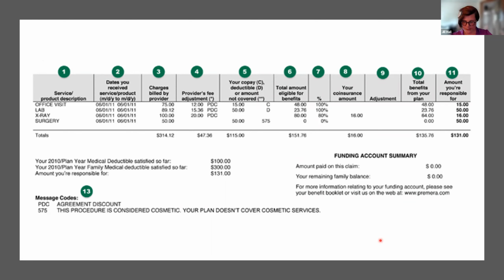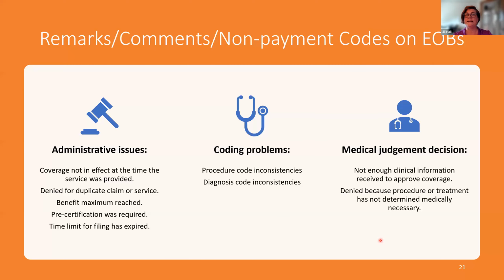But I have an additional slide where I want to talk about the remark section and specifically non-payment codes, because there are literally hundreds of reasons where an insurance claim might get rejected or denied. And these tend to be either for administrative reasons, coding problems, or they're denials based on the health plan having determined something isn't medically necessary for you. But they also can be a combination of all three.